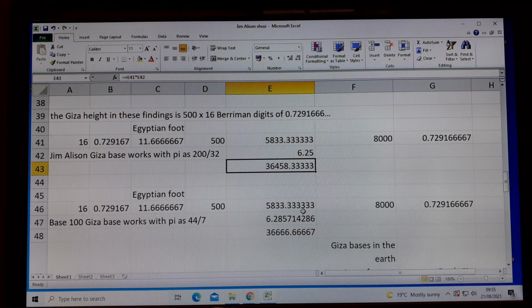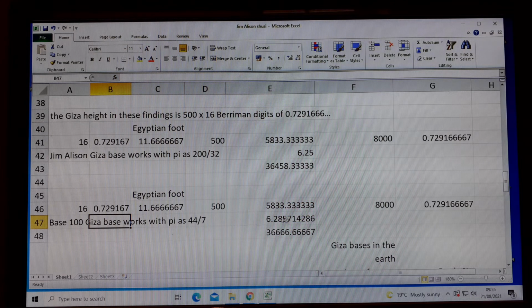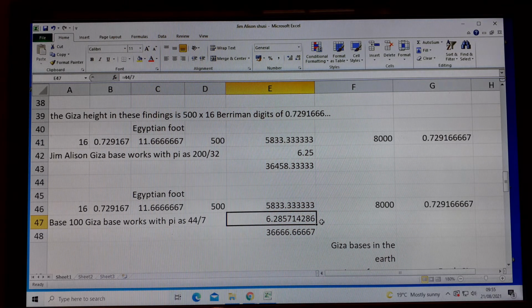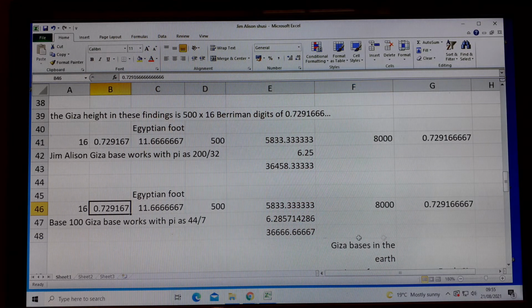And this height also works with 44 over 7. And that's 6.285714286 in decimal. And when we multiply those two together, we get this kernel-wise measure for the base of the Giza Great Pyramid, and it's still the same. It's 8,000 of these units, giving that.